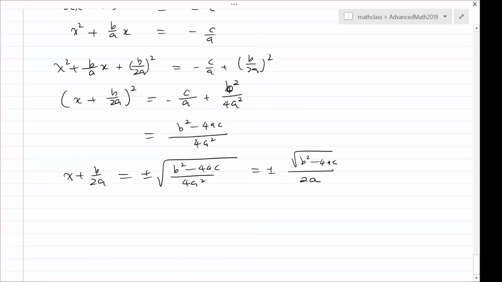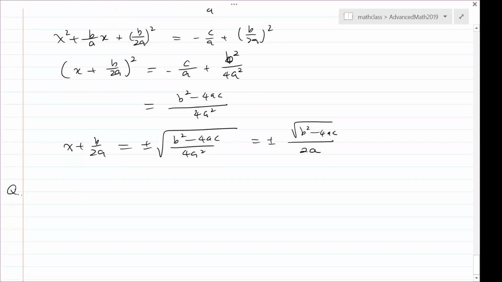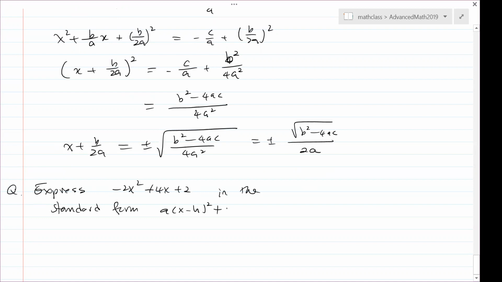Yeah. So let's look at the following problem. I'm going to express negative 2x squared plus 4x plus 2 in the standard form a(x minus h) squared plus k.